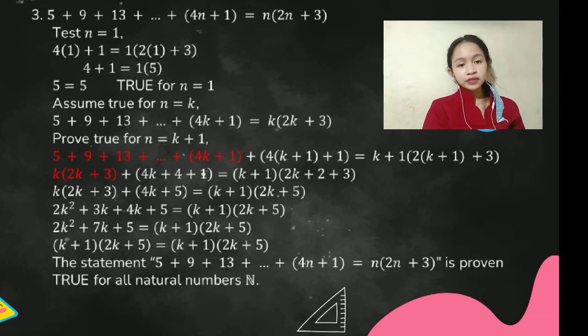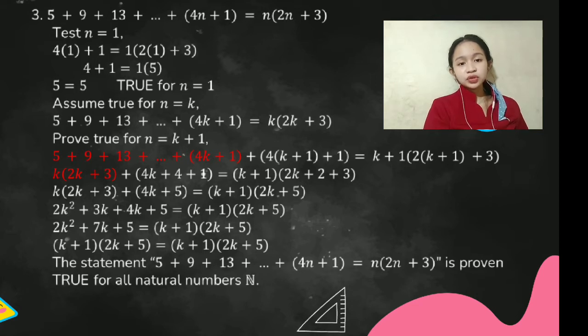So, 5 is equal to 5. It is true for n equals 1. Let's assume that it is true for n equals k. So, again, 5 plus 9 plus 13 plus dot dot dot plus 4k plus 1 is equal to k, the quantity of 2k plus 3.